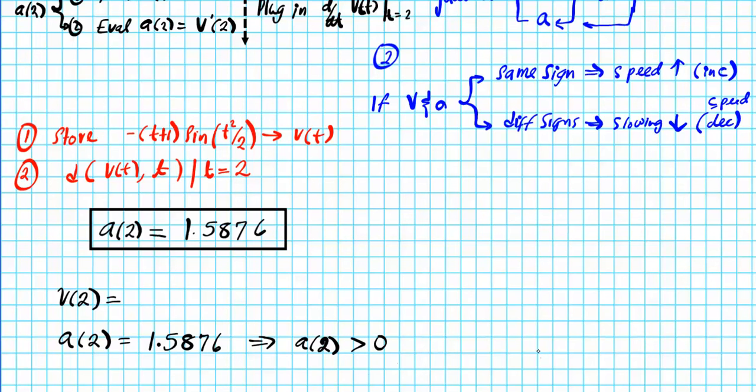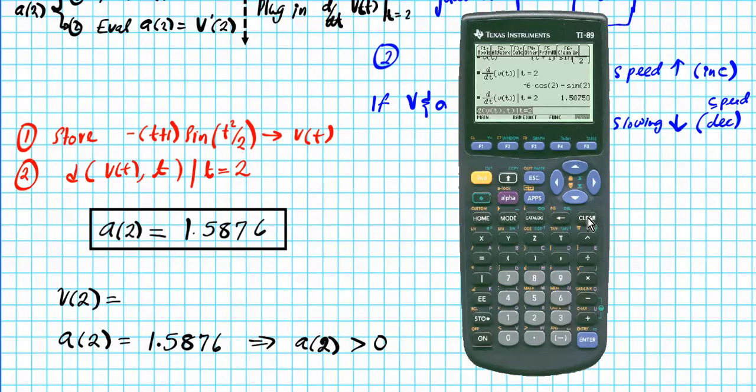So let's go ahead and do it. Now, the nice thing about storing things in your calculator is that you don't have to bother entering stuff over and over again. What I'm going to do is call up my velocity function, and change the input from t to 2, v of 2.